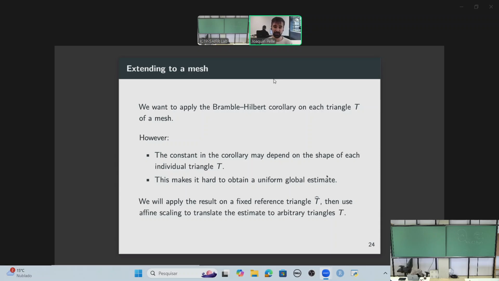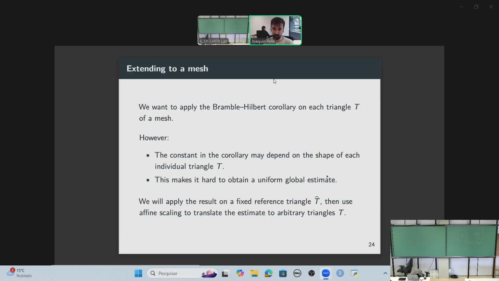What we first need to do is to construct a certain kind of dictionary, let's say, or mutual language to speak about what the bound is on any given triangle in terms of some common reference frame.